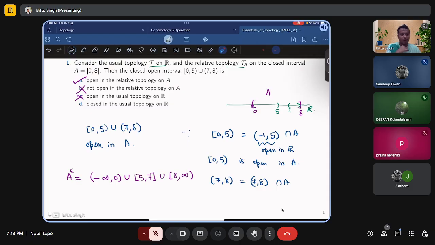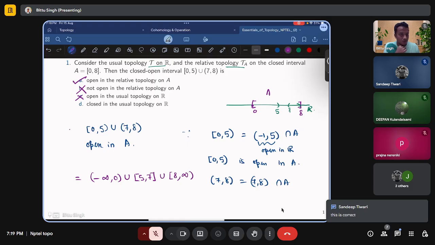So this disjoint union of some sets is open, there is no issue, right? Sorry, we need to check the complement of this set. Let me denote it by some set S. Then we need to check the complement.